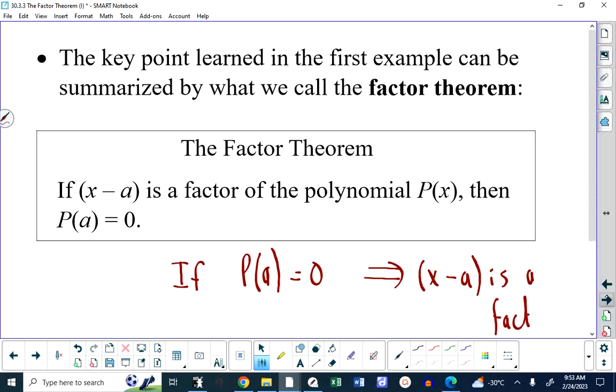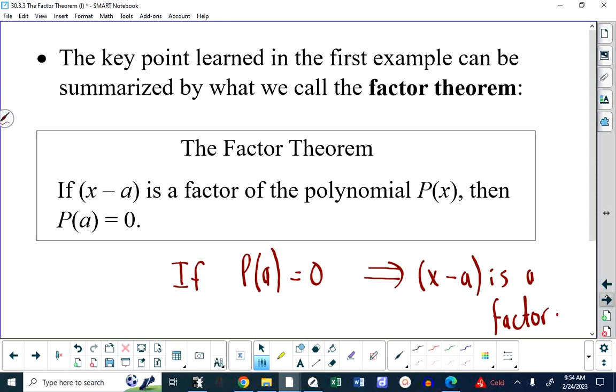And I'm talking about it this way because when you factor, you don't know the factors. You want to find the factors. Well, how do you find the factors? You find values of x that make the polynomial 0. And again, please try not to get ahead of me on this.